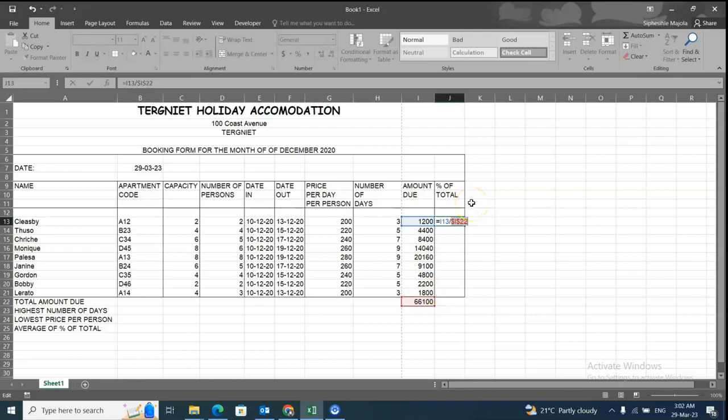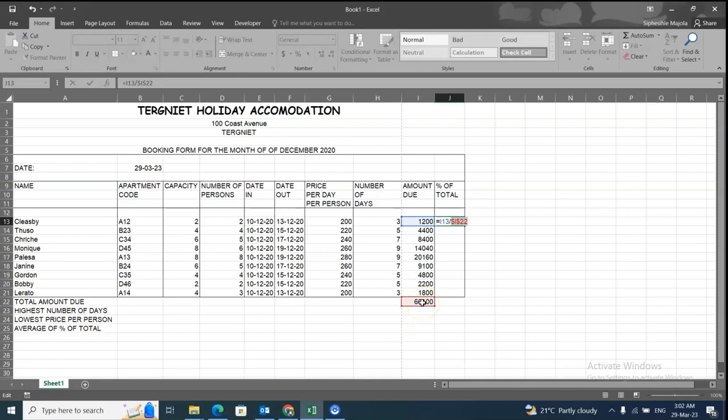Why do we apply absolute cell referencing to this cell address? Because the calculations for the entire column will be based on this cell. So this cell is a reference cell, and therefore we need to apply absolute cell referencing so that when we autofill the formula, it doesn't move down like that.